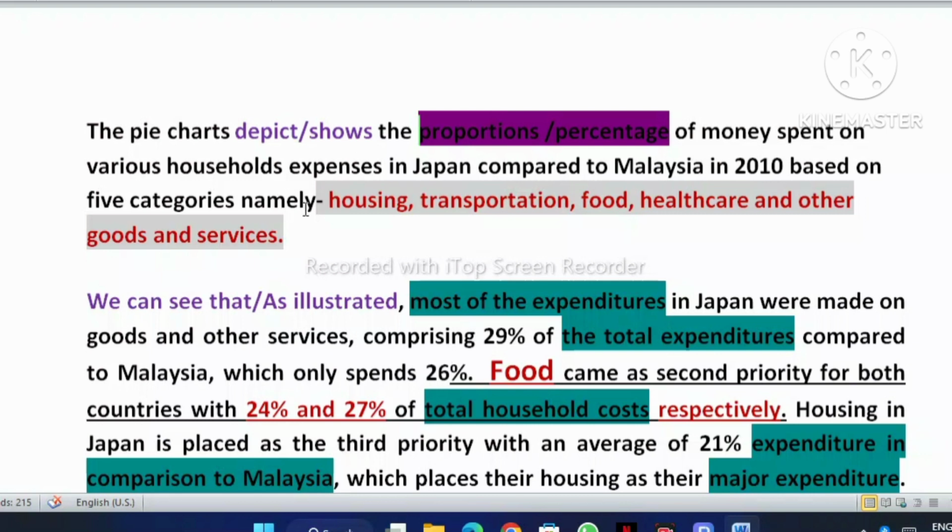If you write your answer until here, five categories, it means you're writing a band 6 response. And if you want to increase from 6, then you have to mention here, namely housing, transportation, food, healthcare, and other goods and services.